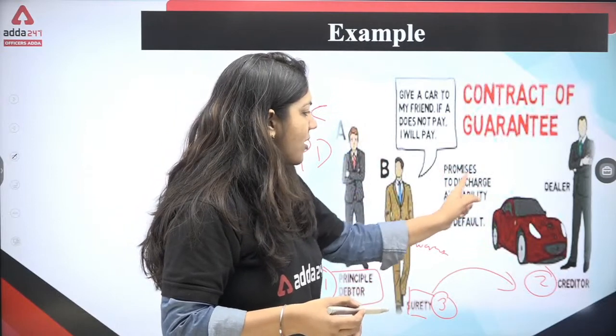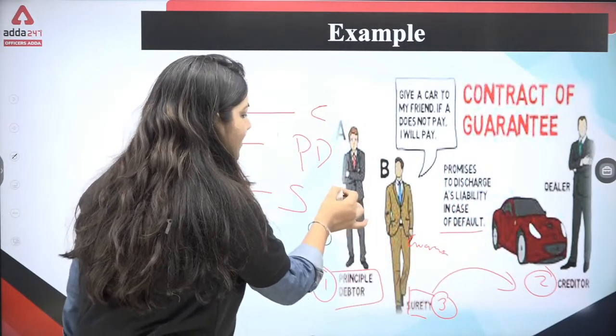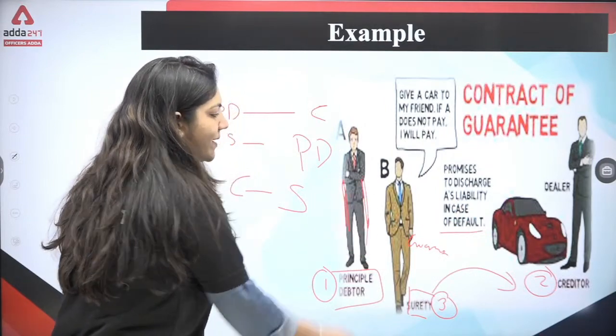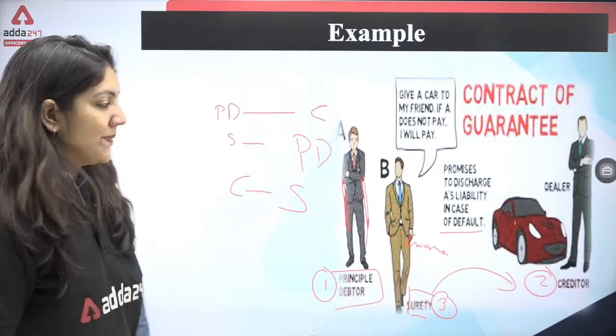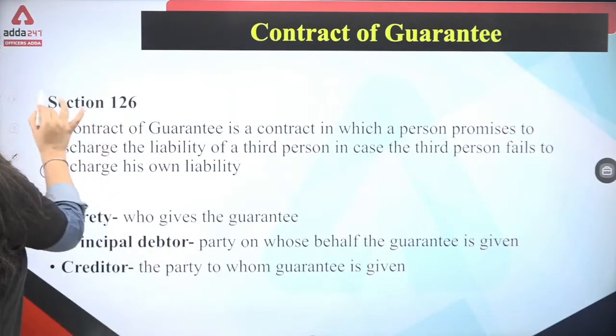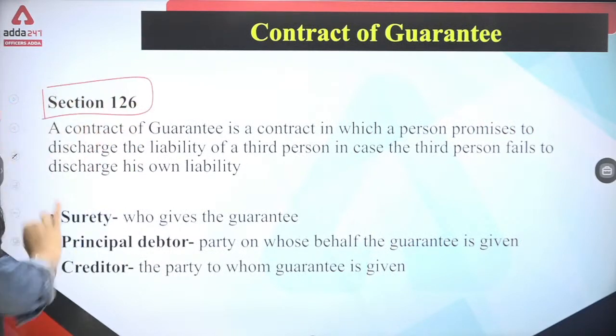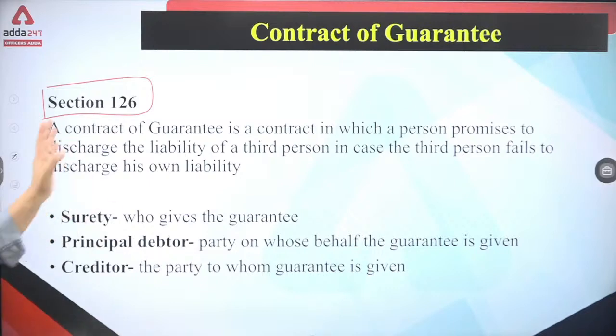Now see, promise to discharge A's liability in case of default. Default means the default will be done by the principal debtor. This is exactly the definition of contract of guarantee. Now see, first of all you have to remember that it is section 126 of the Indian Contract Act. What does 126 say?